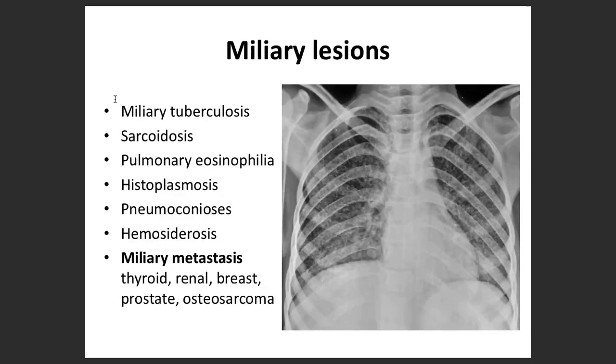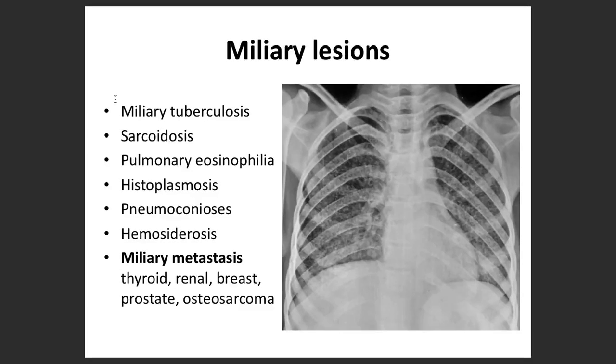Now come the miliary lesions. I think everyone can already say about it. What are miliary lesions actually? Why is it called miliary? Small multiple opacities seen distributed irregularly in the lungs.